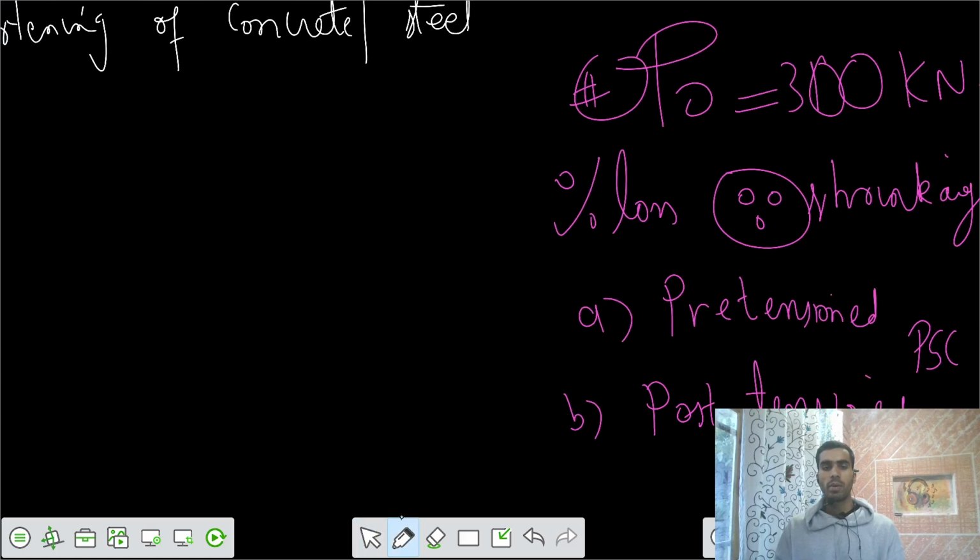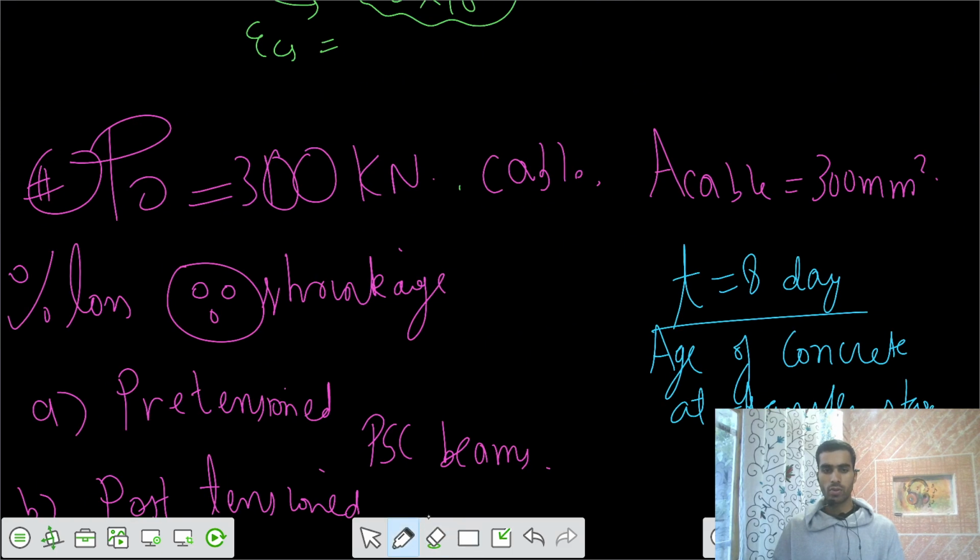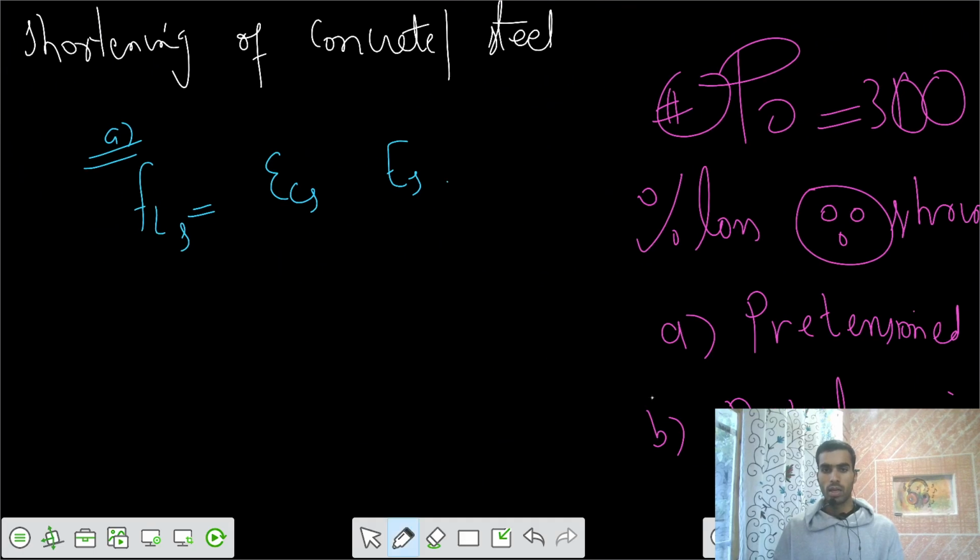For the pre-tension beam, the loss of stress because of shrinkage is equal to epsilon_cs times the modulus of elasticity of the steel. You can take Es equals 210 kilonewton per millimeter square. The value for pre-tension is the code provision value, 3 into 10 to the power minus 4.